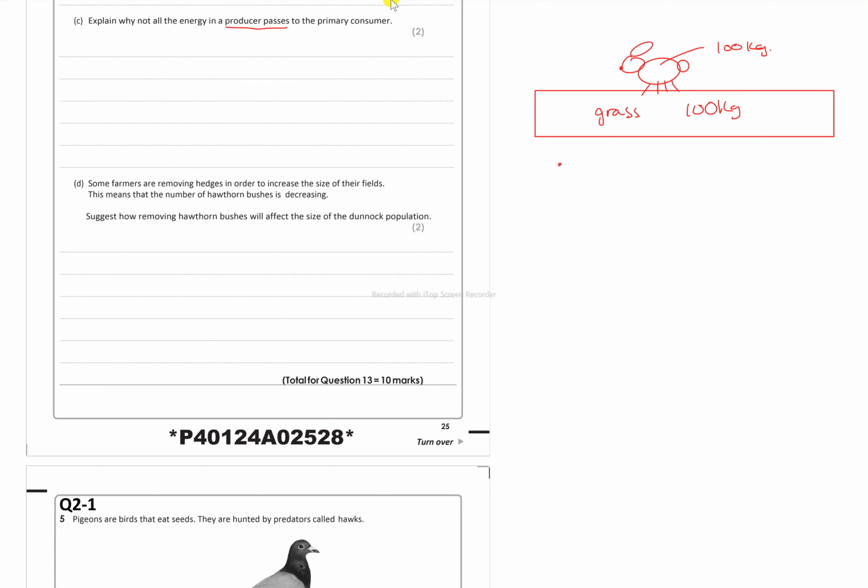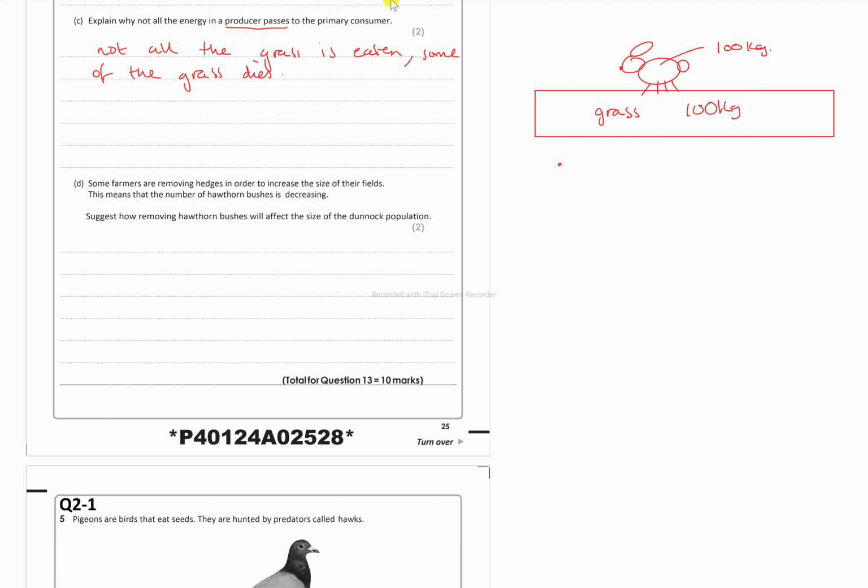Right, the reason is, first of all, the most obvious one, not all the grass is eaten. So for example, the roots won't be eaten. Some of the grass dies.